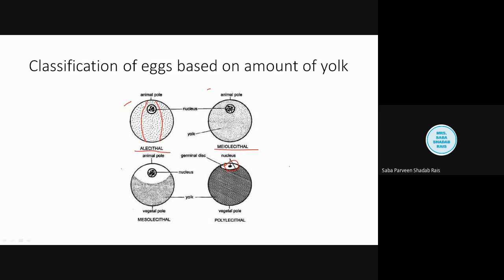So the development will start from this smaller region, and as the animal grows, it will take this yolk for its development, and slowly this yolk will be exhausted, and the animal will grow. Okay, so these macrolecithal or megalecithal eggs contain a large amount of yolk.